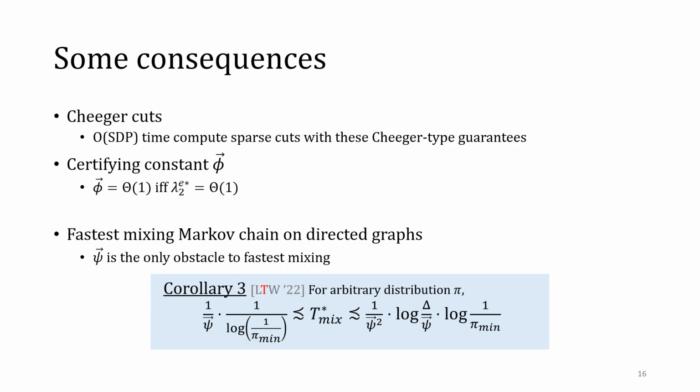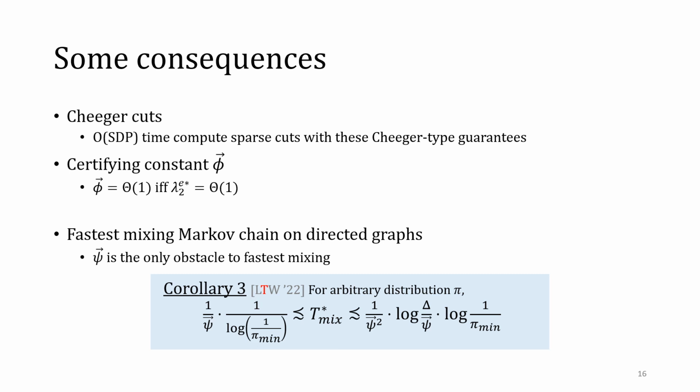So here are some consequences of the Cheeger theory. The first one is extracting Cheeger cuts. In fact, the proofs of these Cheeger inequalities are again constructive. By solving the SDP and finding a rounding algorithm, we can actually compute sparse cuts with these Cheeger type guarantees in the time you need to solve the SDP.